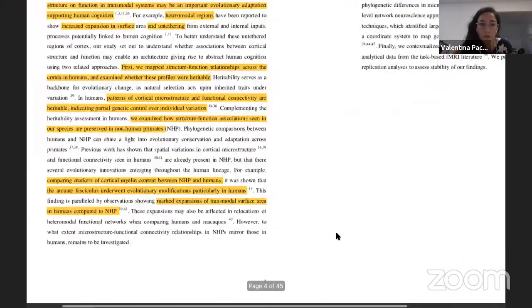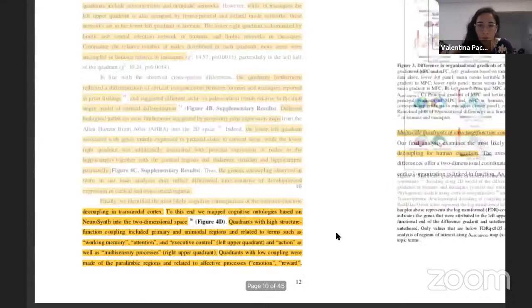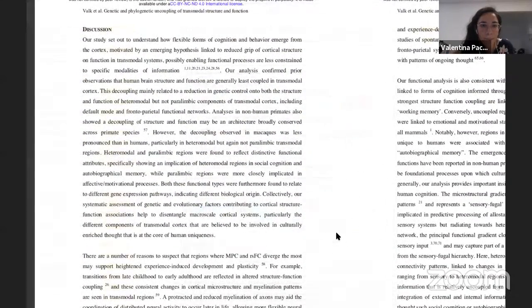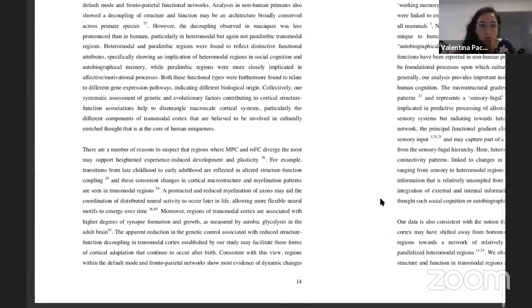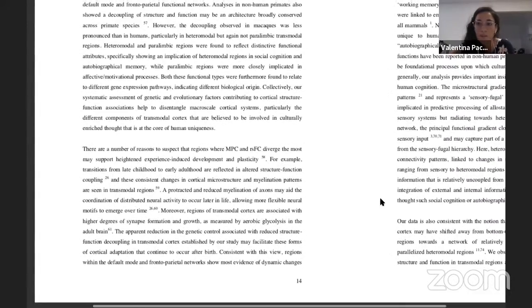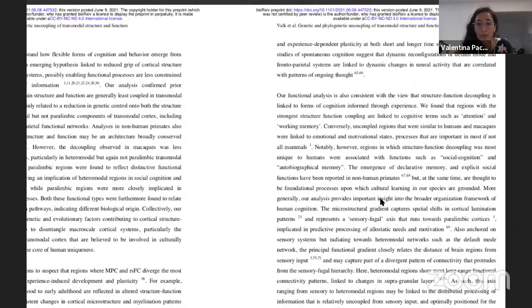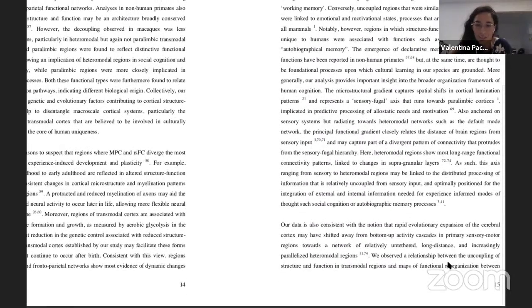And then we can also go through the discussion to see if they talk about postmortem studies. I don't remember. I'm not sure, but I will go through the discussion again and maybe text you later.